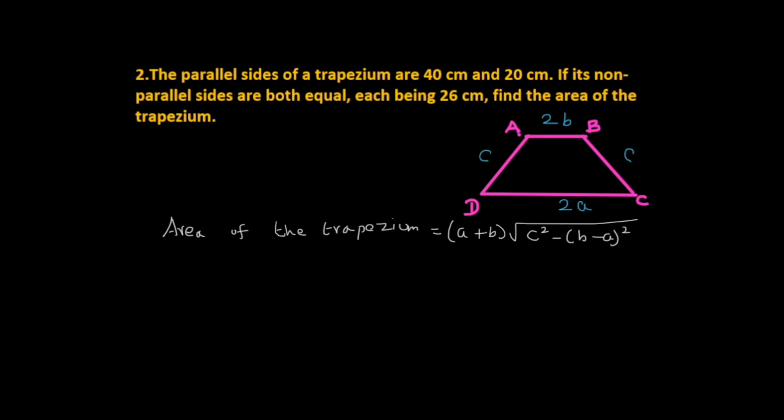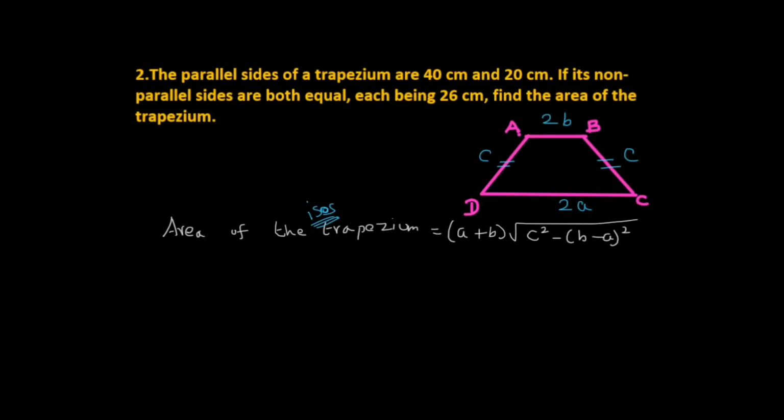This formula is only for an isosceles trapezium, not for all trapeziums. Here it is given that the non-parallel sides are equal, so we can use this formula. If the non-parallel sides are not equal, you cannot use this formula. So consider the longer side 2a, the shorter side 2b and the non-parallel side c.